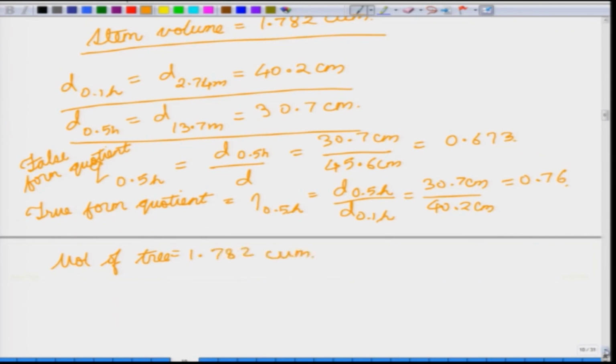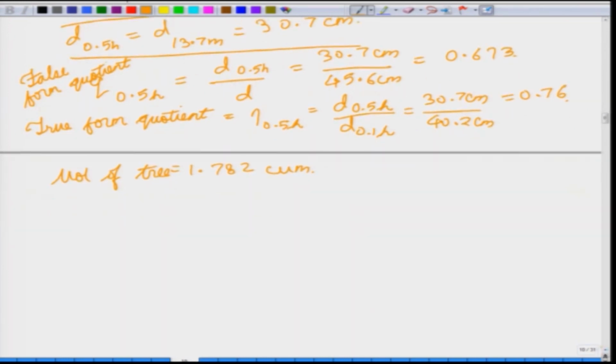In the case of the false form factor, it is given by the volume of the tree divided by the false volume. Now, this false volume is the volume of the cylinder with diameter equal to d BH and height equal to the height of the tree.